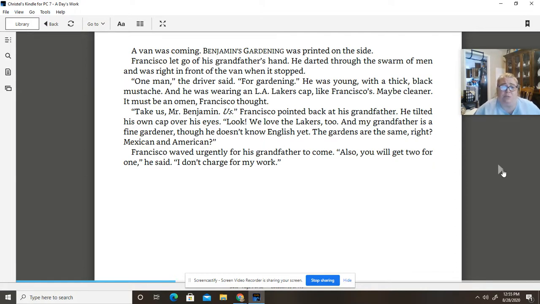"Take us, Mr. Benjamin, us." Francisco pointed back to his grandfather. He tilted his own cap over his eyes. "Look, we love the Lakers too, and my grandfather is a fine gardener, although he doesn't know English yet. The gardens are all the same, right? Mexican and American?" Francisco waved urgently for his grandfather to come. "Also, you will get 2 for 1," he said. "I don't charge for my work."